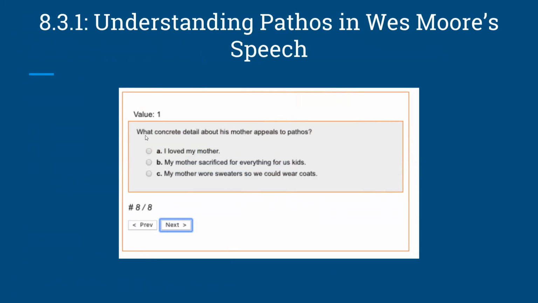So this is an example asking to identify a concrete detail. Wes Moore talks a lot about his mom as very influential in his life. All of these are things that he said in the speech, but the question is asking which of these is a concrete detail, one of those specific examples that helps you really understand and connect with how much his mother meant to him, right?